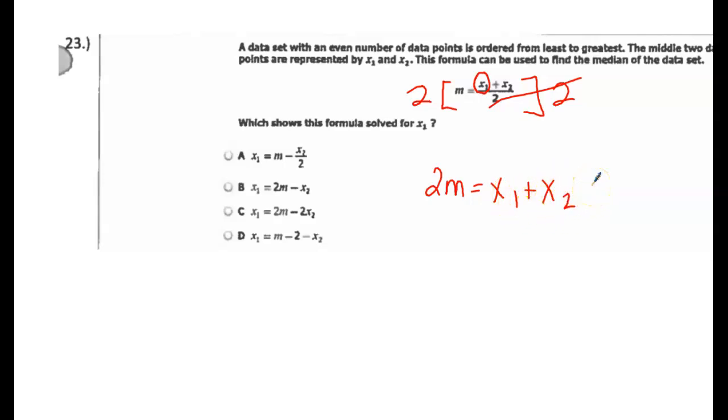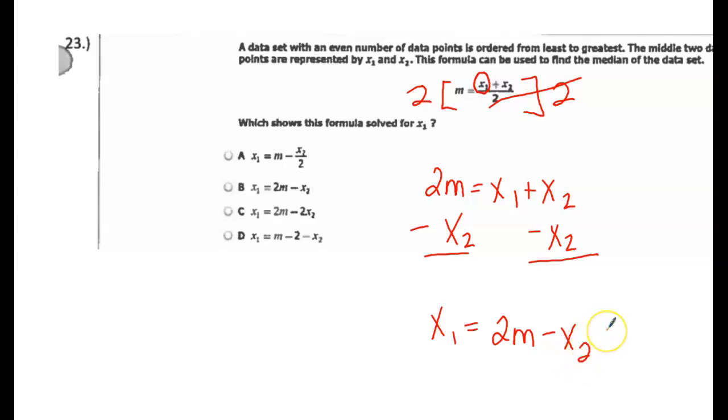Now since we're solving for x1, in order to get x1 by itself, we simply subtract x2 from both sides of the equation. So x1 would be equal to 2m minus x2. There it is. That would be our answer.